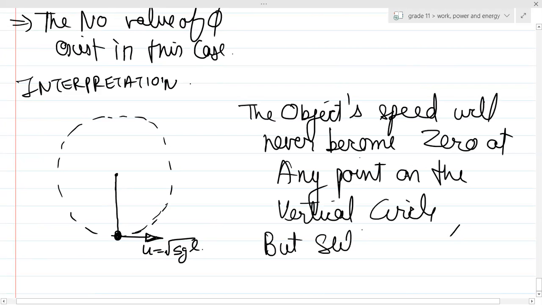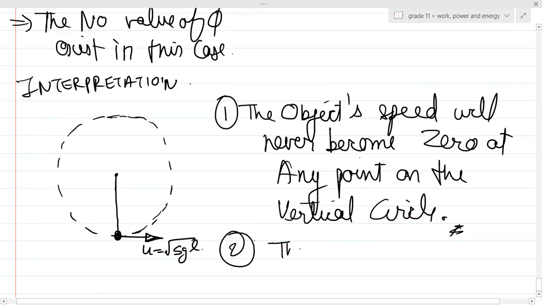But still, yes or no? The velocity is never becoming 0 at any point. That implies it will always complete the vertical circle. This is the first point you will notice over here.